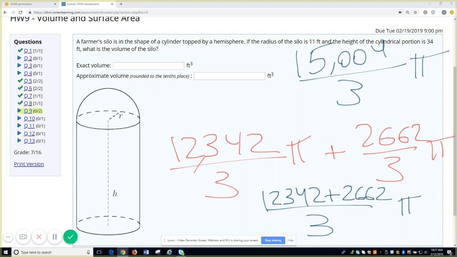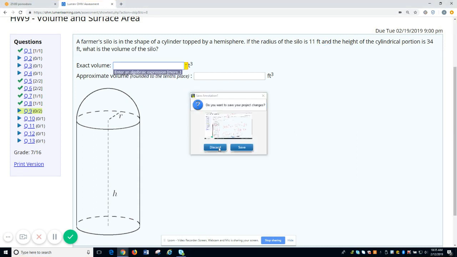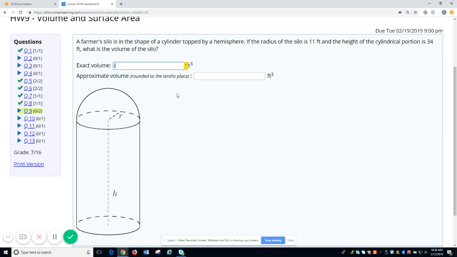All right, and so then we also have to find the approximate volume and round to the tenth. The first thing I'm going to do is put in that exact volume that we found, in parentheses, 15,004 over 3 pi.